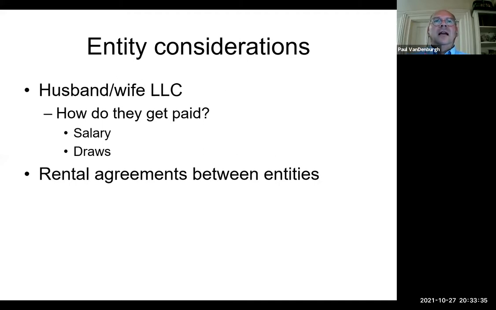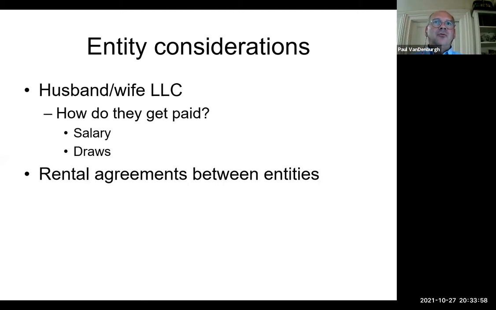Husband-wife LLCs. LLCs, limited liability companies, are state statute entities. A husband and wife LLC is a partnership. Files a Form 1065. They do not get a salary. There is no salaries paid to a member of an LLC. They are the owners. They take draws.